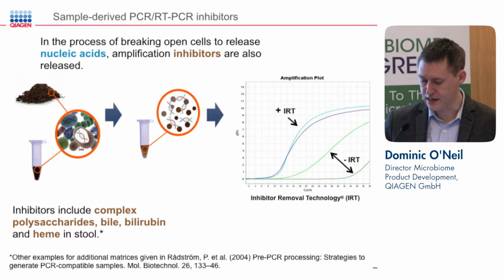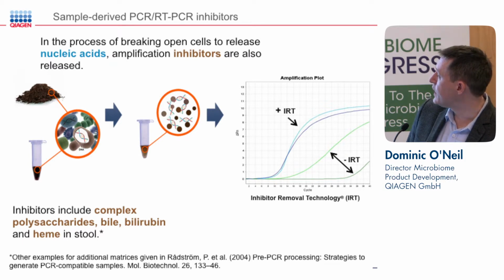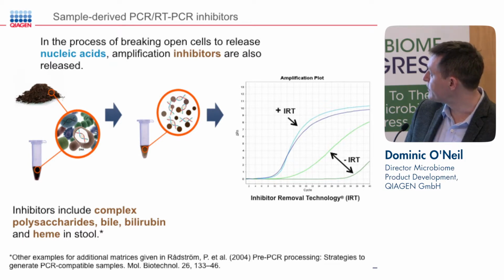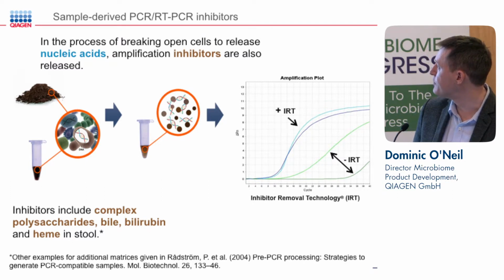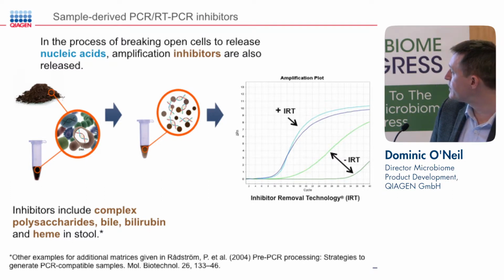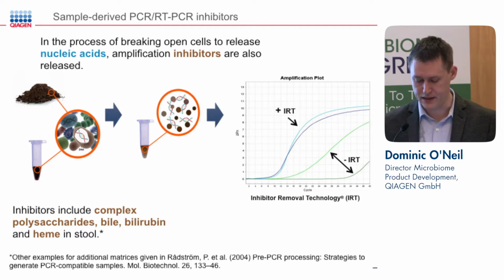And you see PCR amplification curves here. So you can see that when we do IRT, we're getting nice, clean amplification curves that come up strongly around a CT of 12 or 13. And when this IRT is removed, it's quite delayed. In one case, basically totally inhibited, where you're probably not even going to count that as a true amplification.